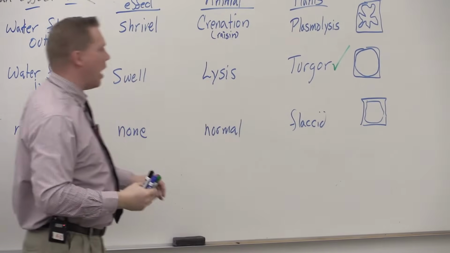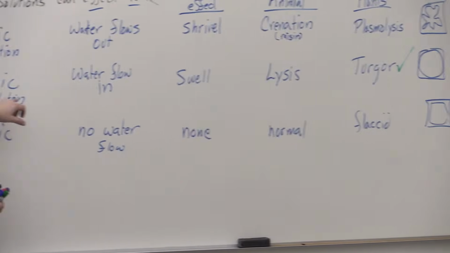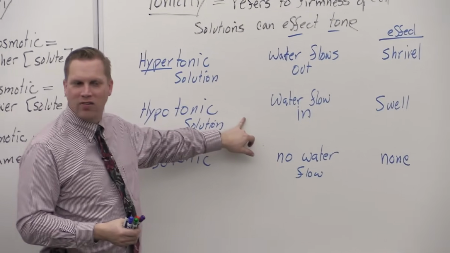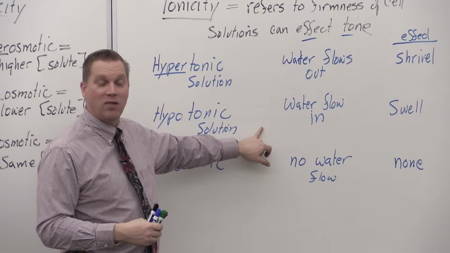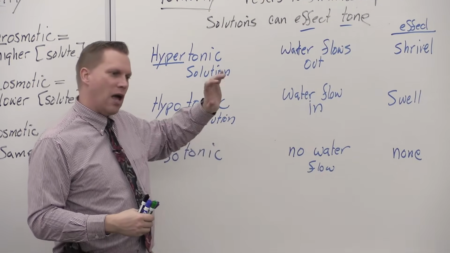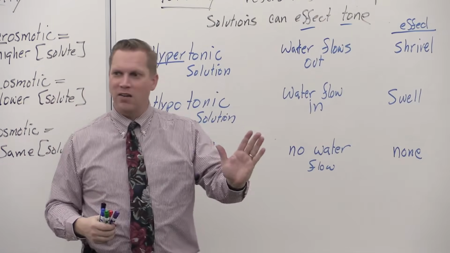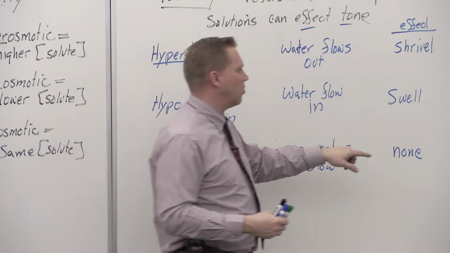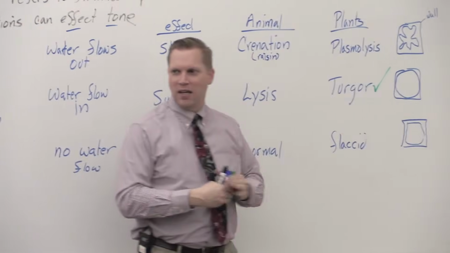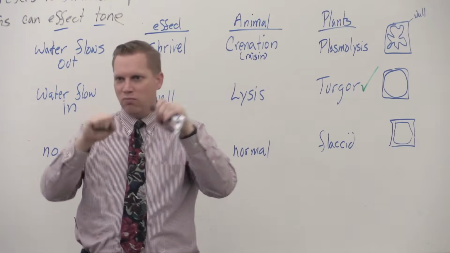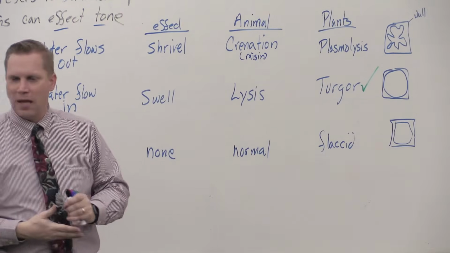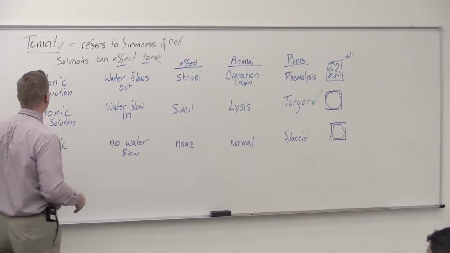Now, if you take that celery and put it in a hypotonic solution, let's say some distilled water, then that water is going to move across into those cells, and you'll create a turgid state, and then that celery will become firm and crisp again. All due to the movement of water.